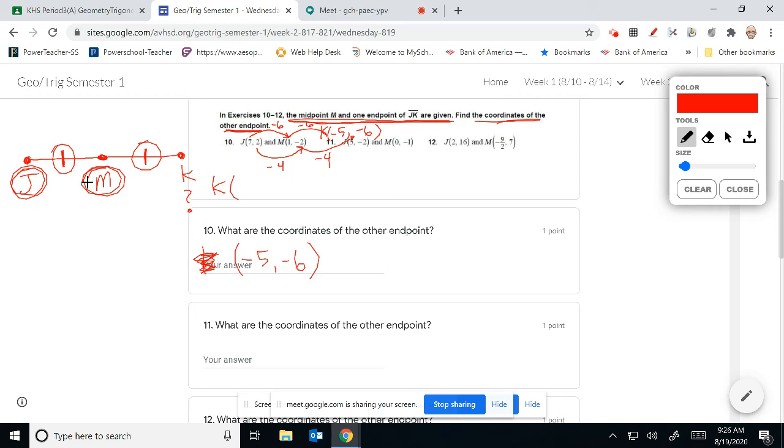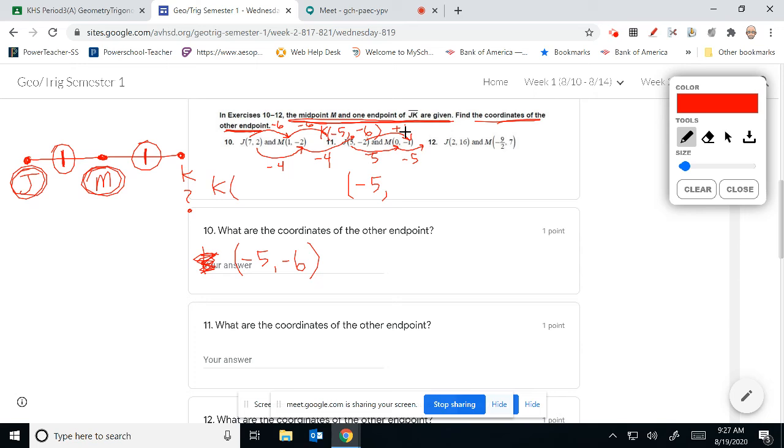Okay, moving on to 11. You were at 5 and you went down to 0. So you went down 5 units. So we got to go down 5 more units. So you're at 0, you want to go down 5 more units. That's going to put you at -5. You're at -2 and you come up to -1. You went up 1 unit.